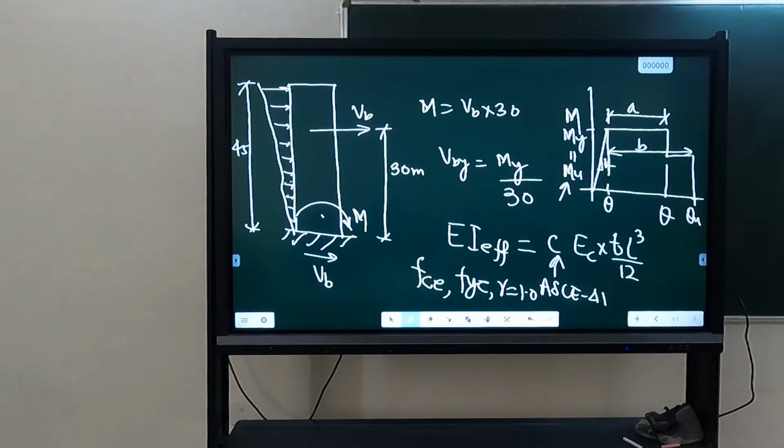So the Young's factor is equal to EC. EC is the modulus of elasticity of concrete, 5000 under root FCK. In case of FCK, we will put FCK.